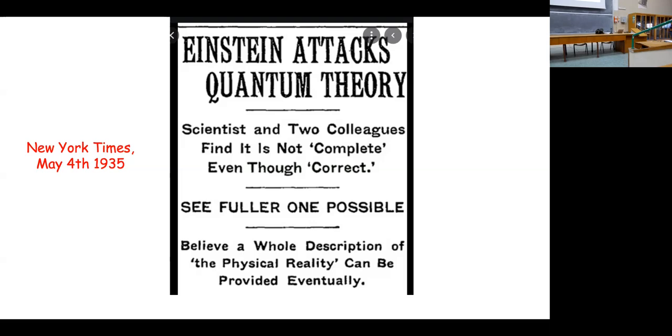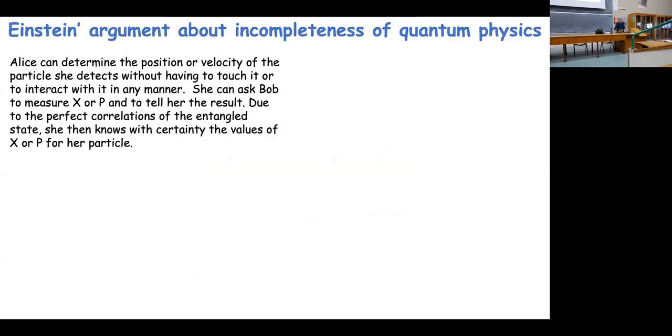So what was not right in Einstein's mind? What Einstein said is the following: assume that you have two observers located at two faraway positions. And as usual, we call one Alice and the other Bob. Einstein did not use this kind of denomination.